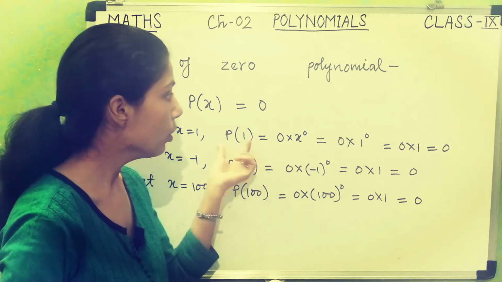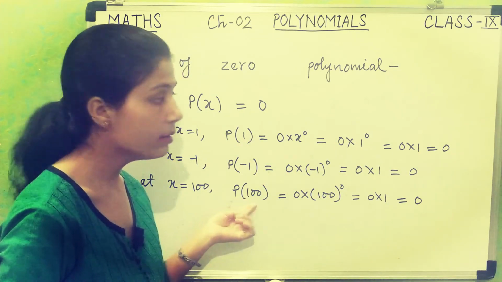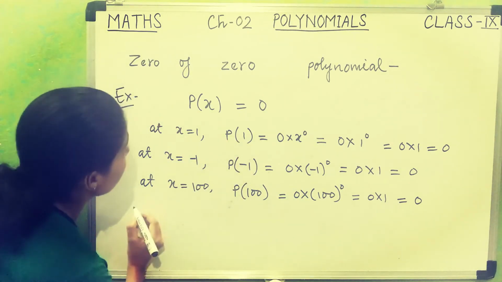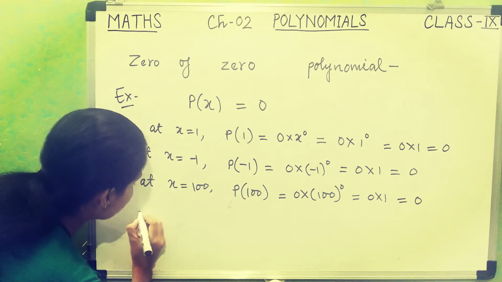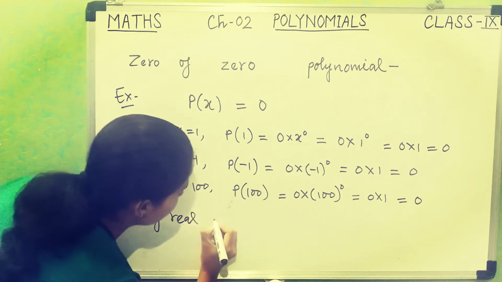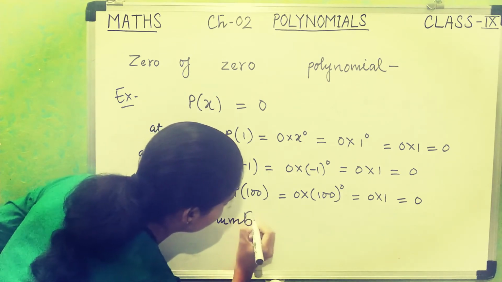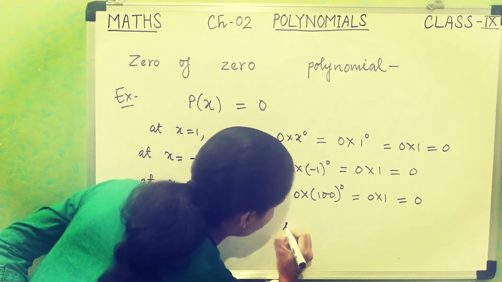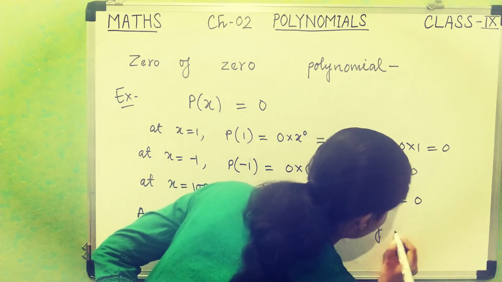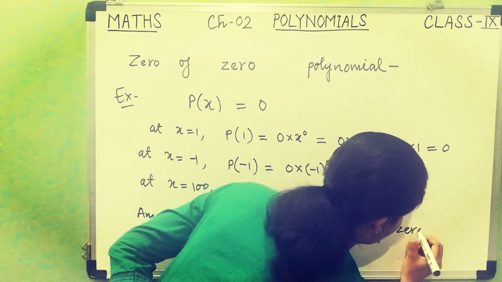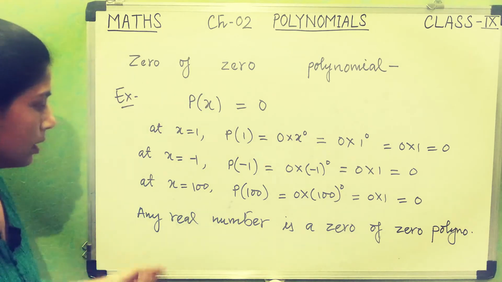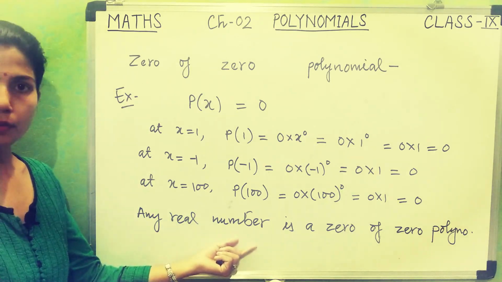You are getting the value of the polynomial at any value of the variable as 0. So it is clear that any real number is a zero of the zero polynomial.